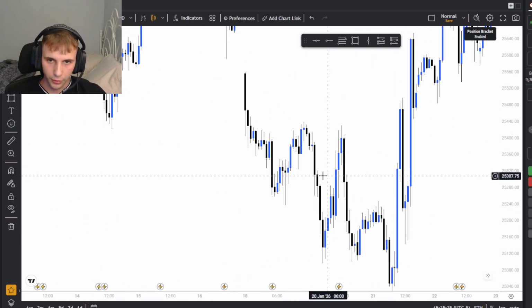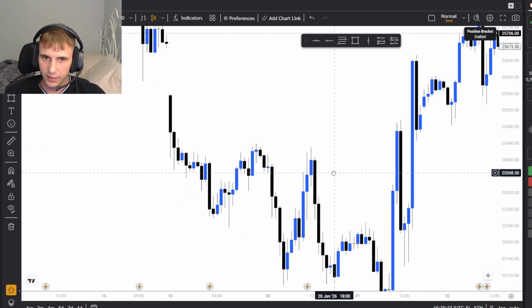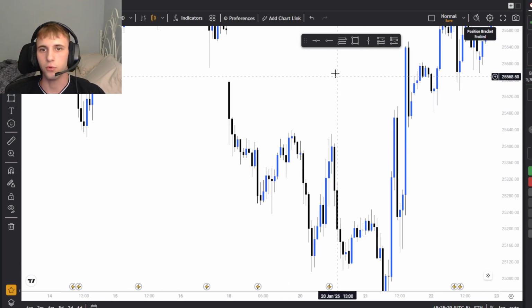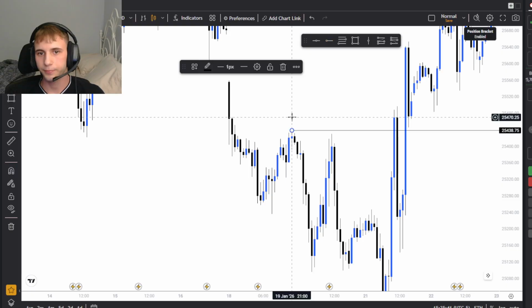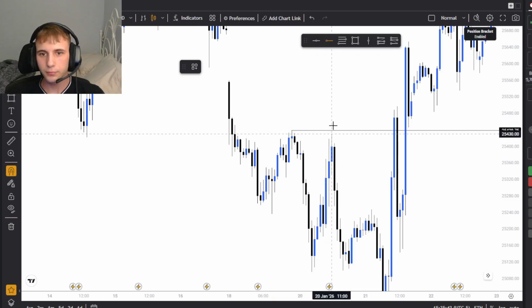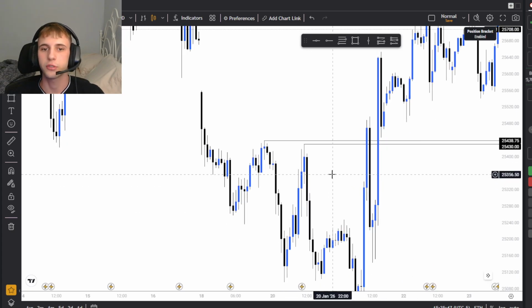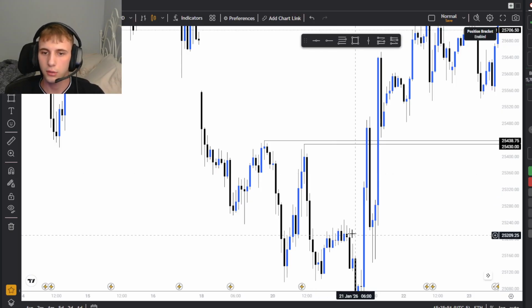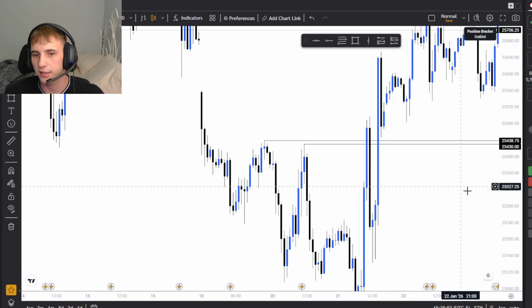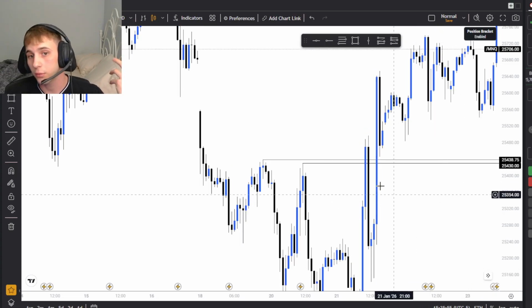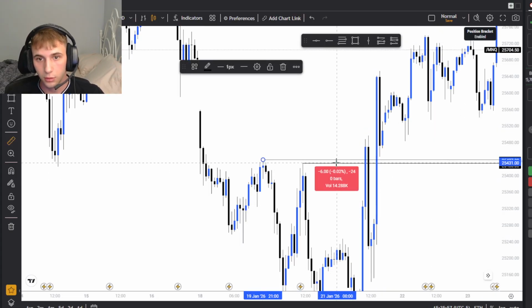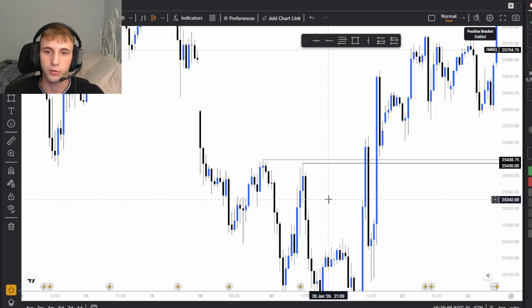Now, the reason why I said this is a bad example is because these are relatively equal highs. What does that mean? That means they're really close to each other, really close. They are 10 points away from each other, if even.